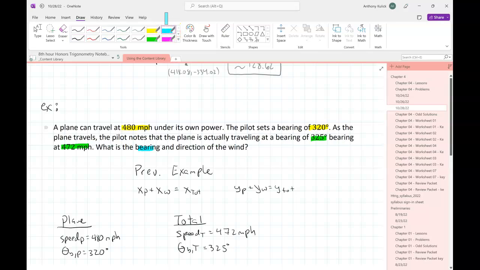We're looking for the bearing and direction of the wind. So what do I need to do to these equations? I need to rearrange them so the wind is by itself, right?